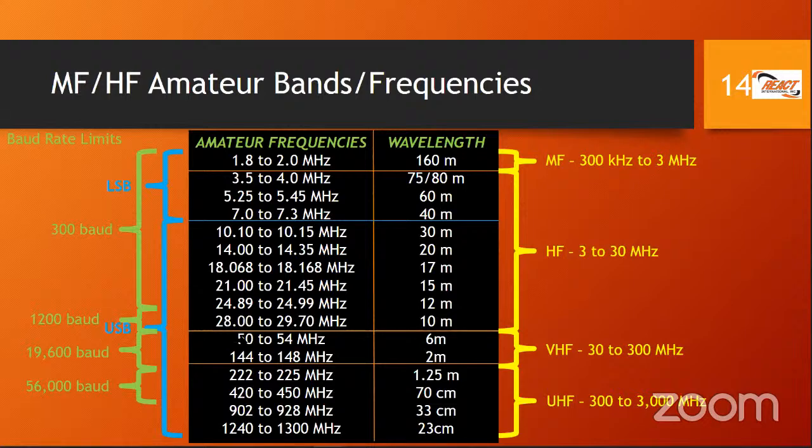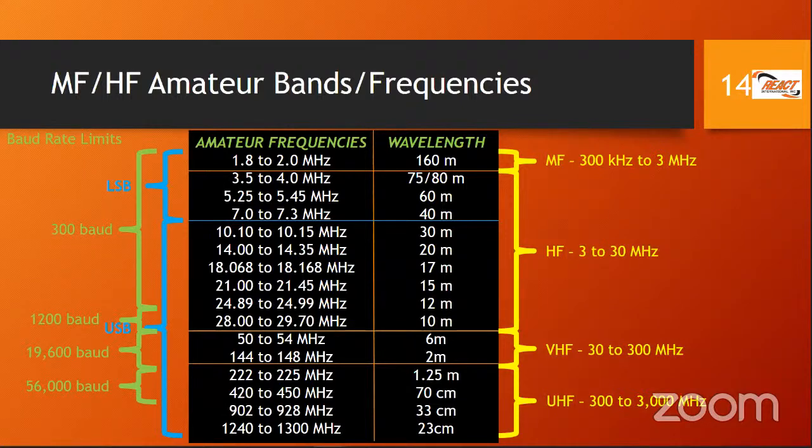On the 6 meter and 2 meter bands, you have 19,600 or 19.6 kilobaud. And on the 1.25 meter and 70 centimeter bands, you can do 56 kilobaud. Even though I didn't put it on the chart, there's really no limit on the other bands as you go up.